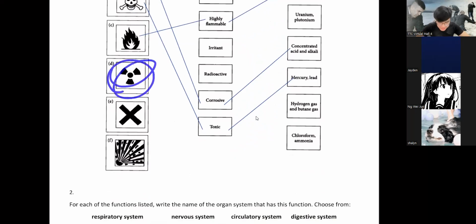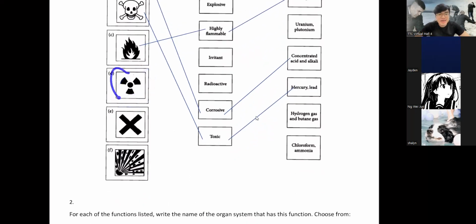So next, what is this? Where do you see this? You see this outside of your X-ray room when you go get X-ray. So this means this is radioactive. You see this at nuclear reactors also, and you also see this in Chernobyl. You know where is Chernobyl, guys?